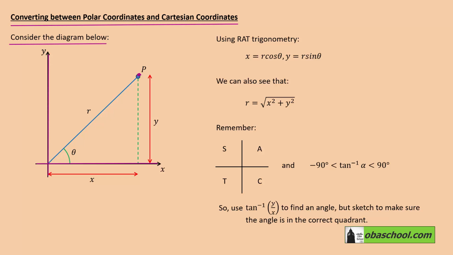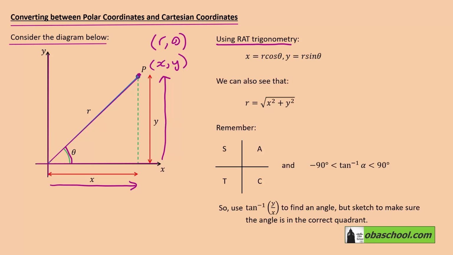The point P here, in terms of Cartesian coordinates, is x along here and y up here, so the coordinates would be (x, y). But note we also have the distance from the origin and the angle. And so in polar coordinates, it's (r, θ).